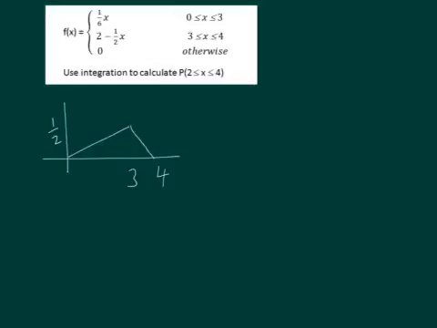So they want the probability that x is between 2 and 4. So they're after us finding out this total area here, where that value there is 2. Now to do this, we need to do this in 2 sections. So the probability that x is between 2 and 4, firstly, it's this area here, that's the red area, and then it's also this area here, which is the blue area.